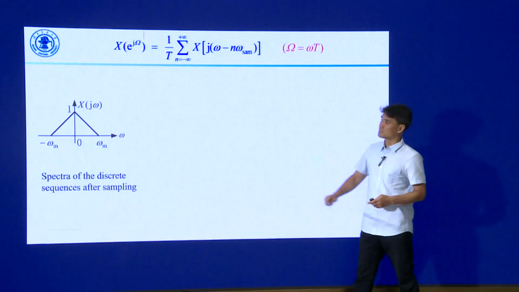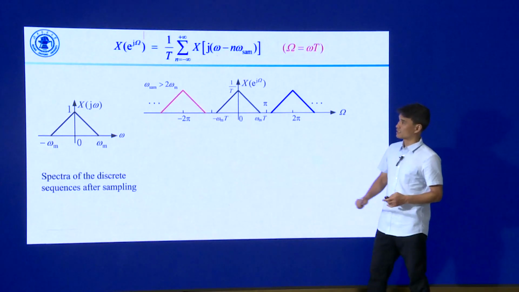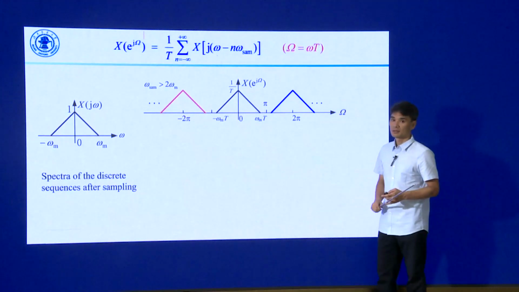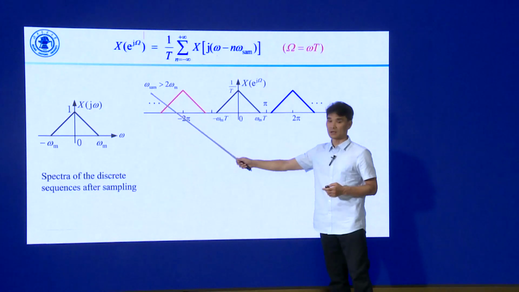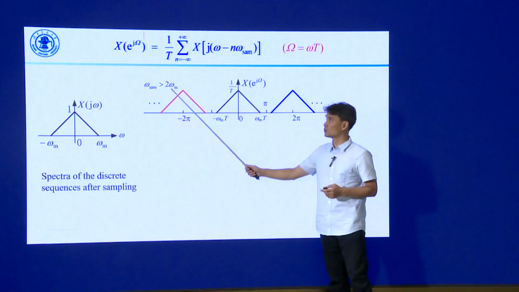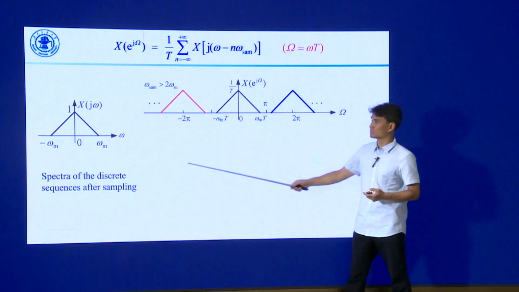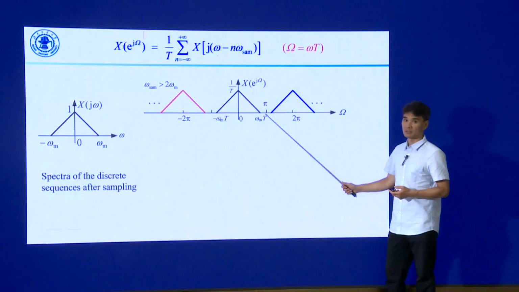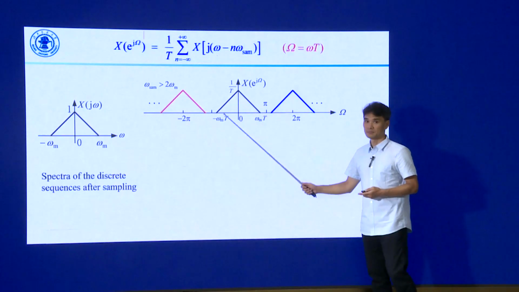What if we sample that signal with an angular sampling frequency omega sub sam? In case the sampling angular frequency is greater than 2 times the maximum frequency of the original signal, this will be the spectrum of the sampled signal, and there's no overlap yet.